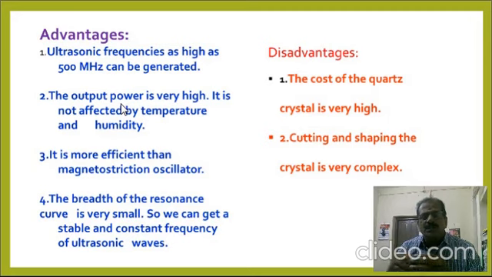And shaping the crystal is very complex. So these two are the disadvantages of piezoelectric oscillators. But if you neglect these disadvantages, then it will have more energy, and this oscillator can produce high frequency ultrasonic waves. So this is what we are seeing here.